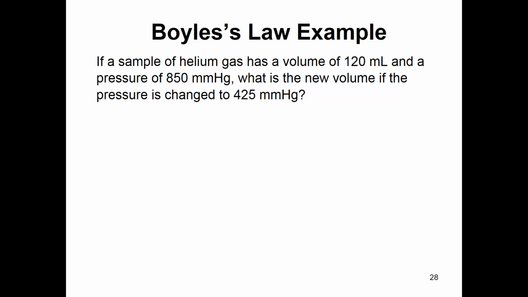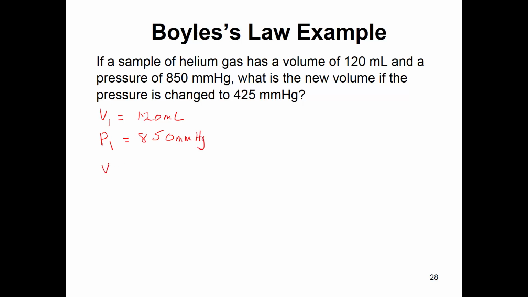In this particular problem, we're going to take inventory, and what we see is that the volume 1 is 120 milliliters. P1 is 850 millimeters of mercury.